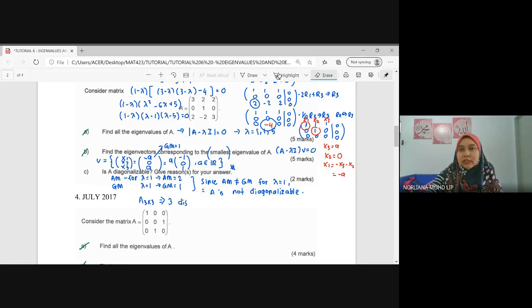Kalau tak guna distinct lah, different boleh juga. Distinct or different eigenvalue.